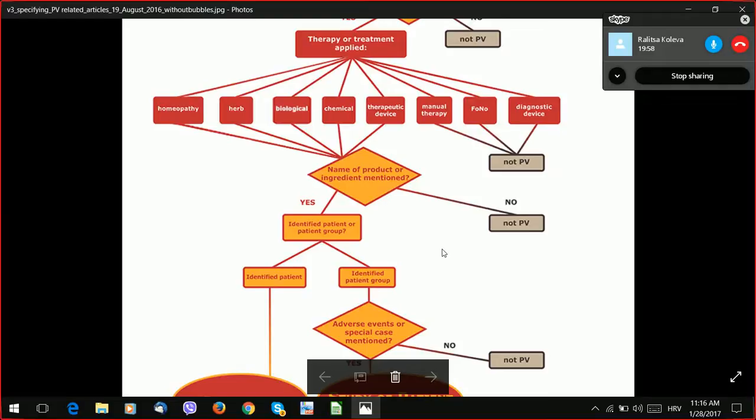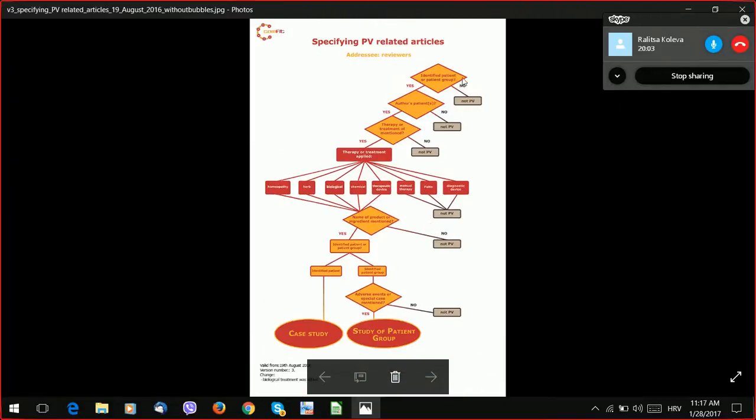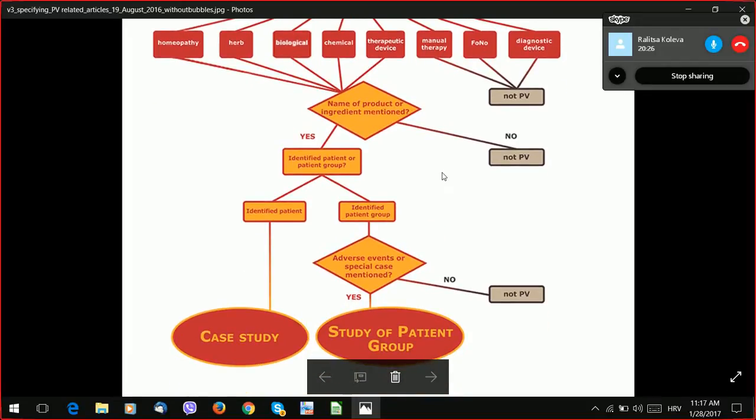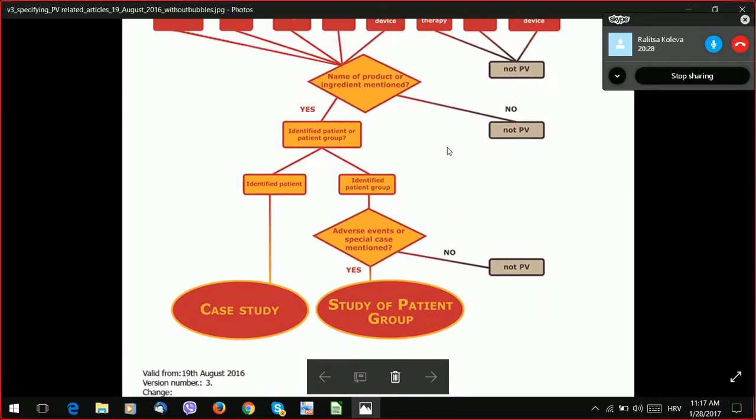Then we move on, and after you have found all 4 criteria: identified patient or patient group, author-patient relationship, therapy or treatment mentioned, and name of product or ingredient mentioned in the article, you are going to go back to your patient or patients discussed in the article for a moment and check whether you have an identified patient or identified patient group.